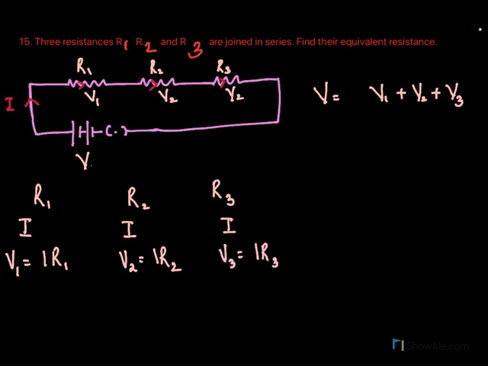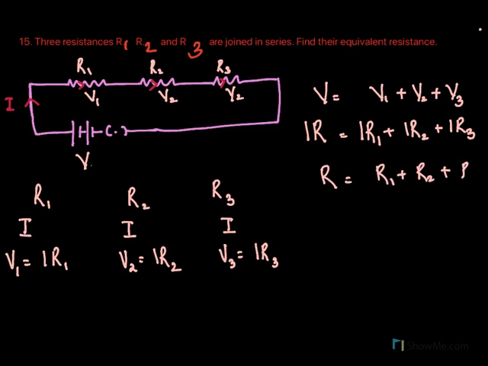V3, I R3, current is same. So V equal to IR, I is the effective current, R is the effective resistance, IR1, IR2, IR3. I take I common out, so R equal to R1 plus R2 plus R3.